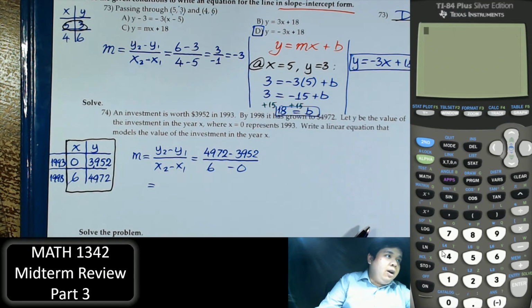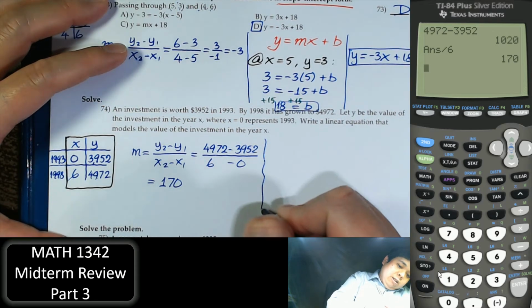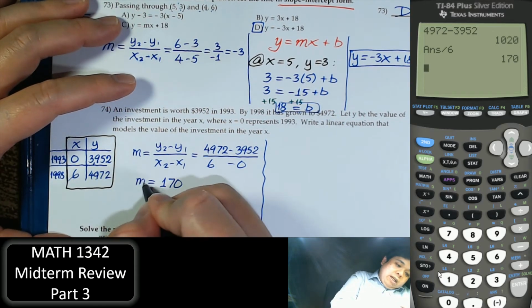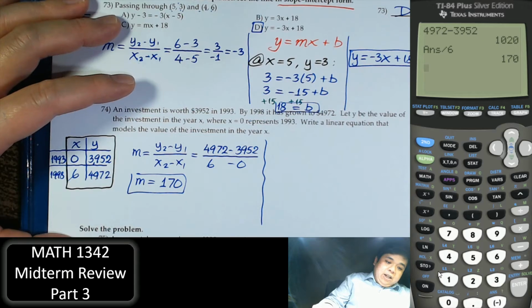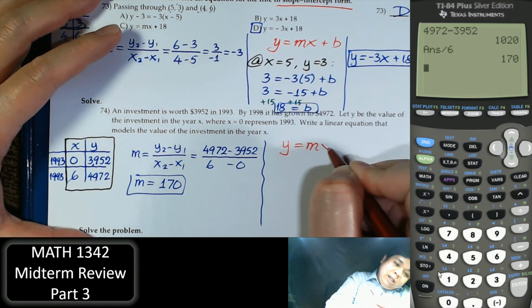So 4,972 subtract 3,952, divide by 6, 170. So the slope is equal to 170, and the equation of the line is y equal to mx plus b.